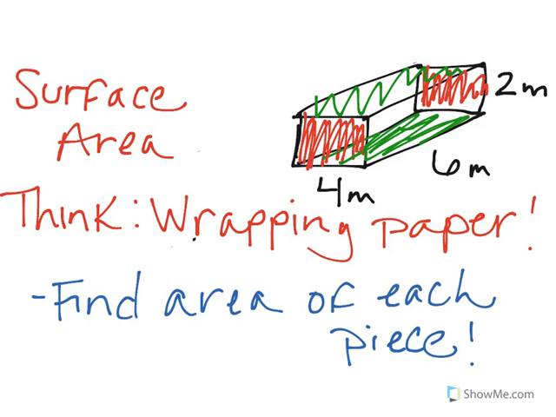So we're going to find the area of the red and multiply it by 2, then find the area of the green and multiply it by 2, and then find the area of the sides, which is the blue, and multiply that by 2. I have a crazy color picture, but it's going to make more sense when we solve this problem.